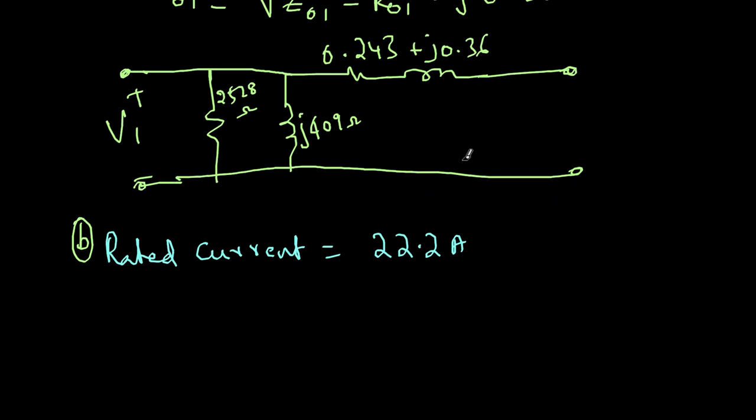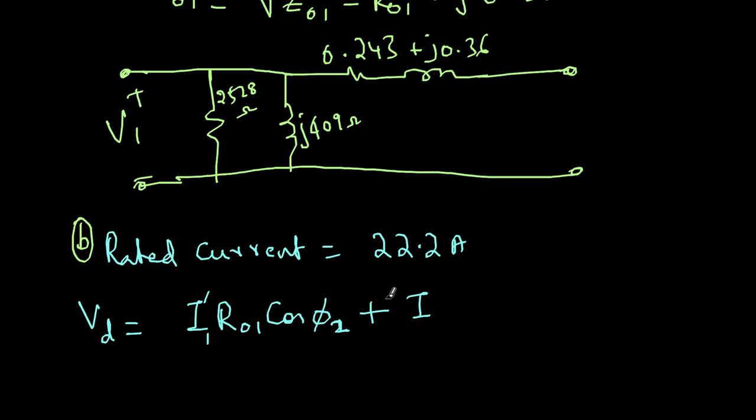From this I can find the voltage drop, nothing but I1 dash R01 cos phi 2, plus, because the power factor is lagging, I1 dash X01 sine of phi 2. So this is what we have to do.